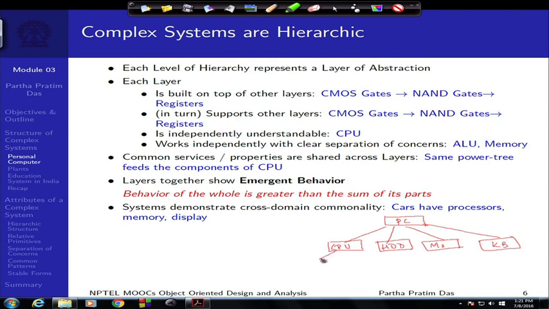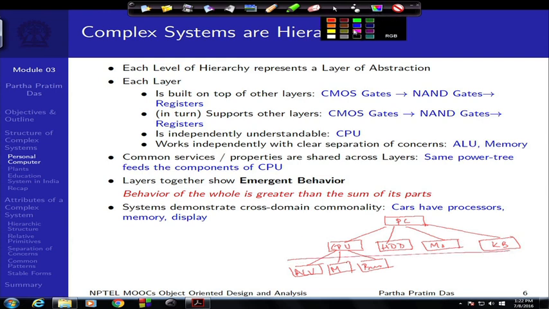Now, the CPU in turn has ALU, it has memory, it has bus, and so on. So, what I am trying to point out is, if I look into this layer, then these different components of this layer together build up the higher layer.